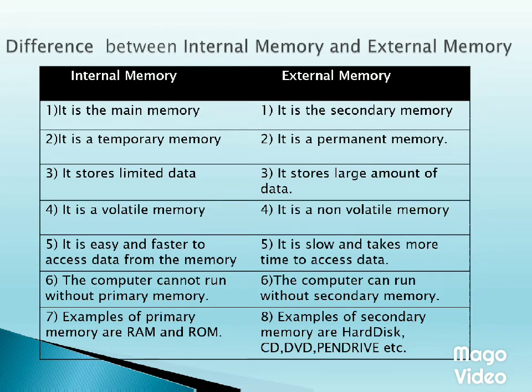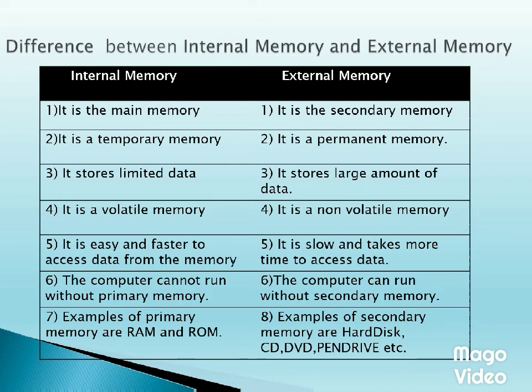Now, let's see the difference between internal memory and external memory. Internal memory is a main memory. External memory is a secondary memory. Internal memory is a temporary memory, whereas external memory is a permanent memory. In internal memory, we can store limited data.